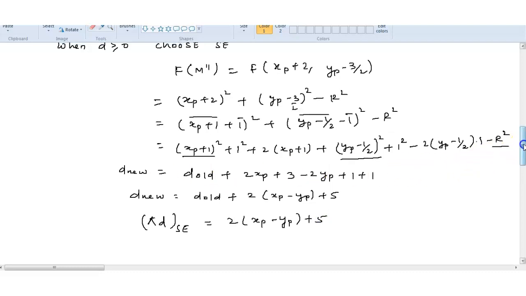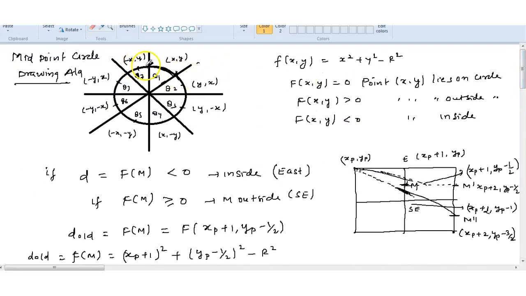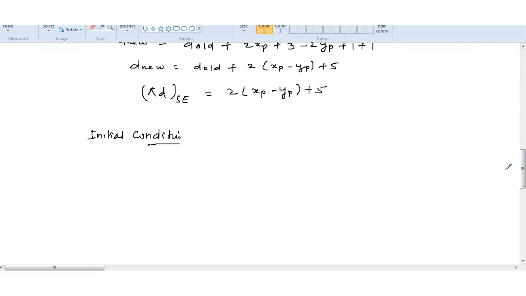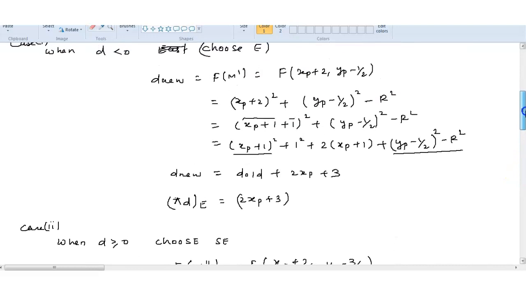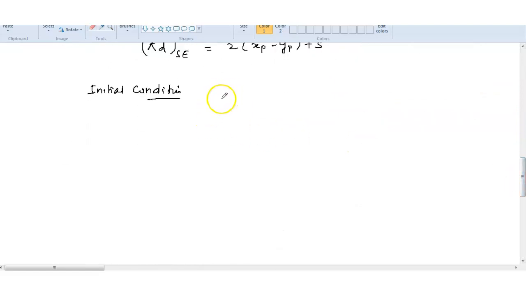So we can check the initial value condition. Since we are starting from 90 degrees, the coordinate is x is 0 and y is r. If we put in 0, xp is 0 and this becomes 1, so 1 and r minus half. We get the coordinate for the next midpoint as f of 1 and r minus 1 by 2.